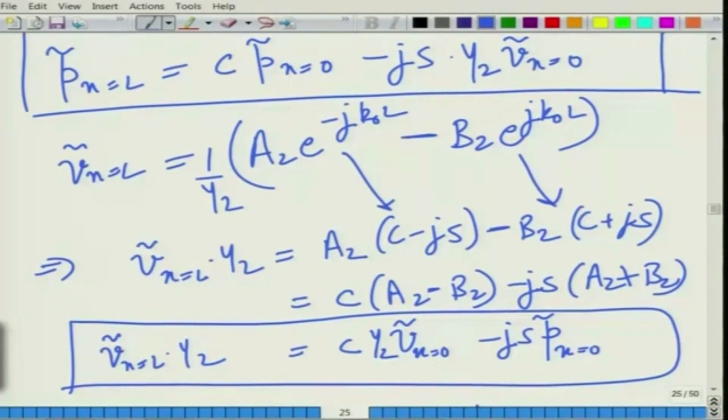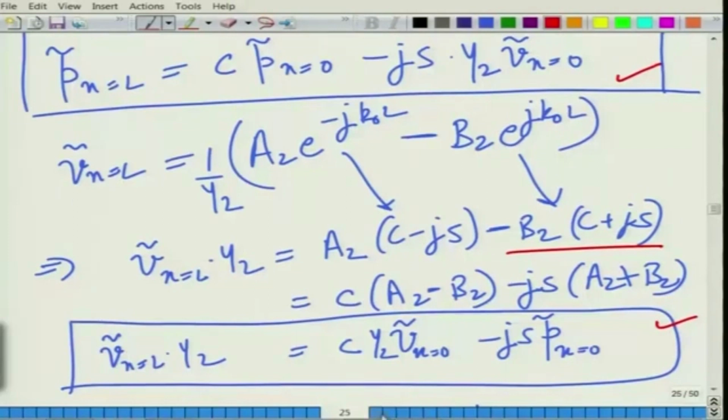Once we do that, we rearrange the terms, A2 into j times sine k naught L, similarly for the terms underlined here, and then we regroup the terms: A2 minus B2 minus j sine k naught L times A2 plus B2. This is nothing but the pressure at x equal to 0, and this is nothing but the velocity at x equal to 0. So, we get another relation, this one and this one.